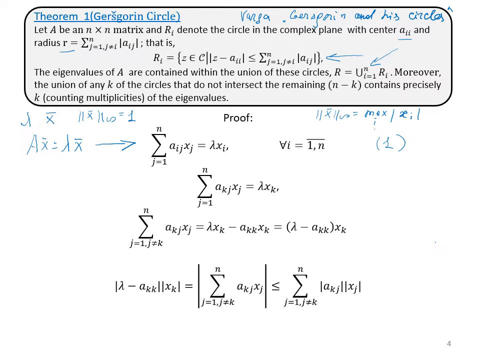Then let k be an index with the following property: the absolute value of x_k equals 1. As a consequence, our equation 1 we can rewrite as follows.